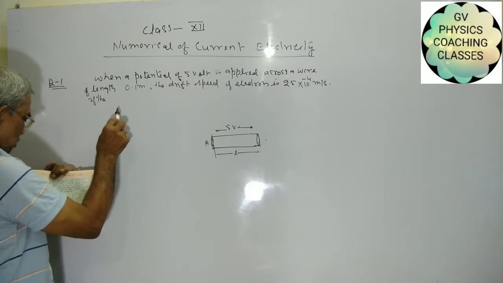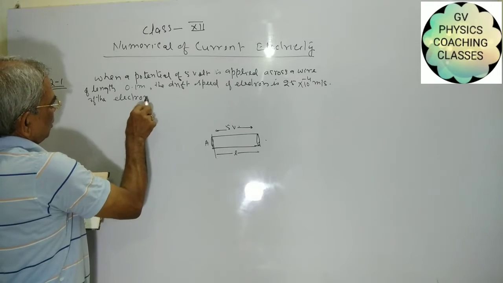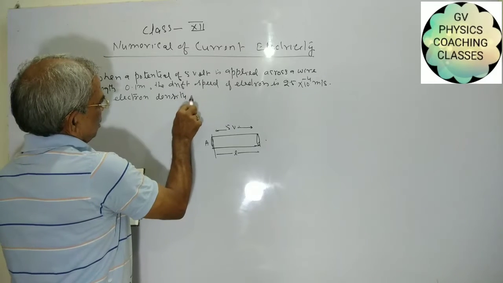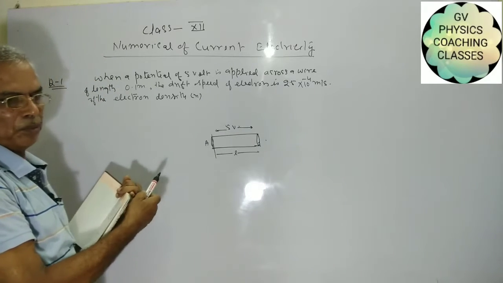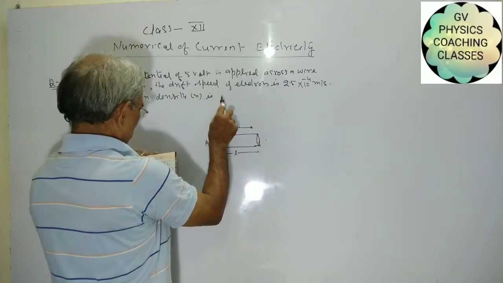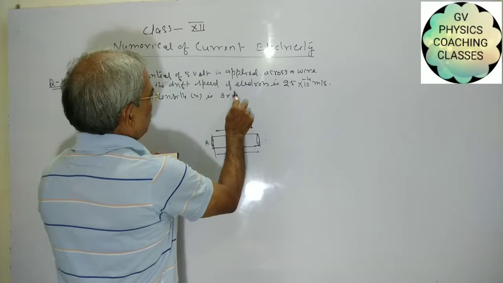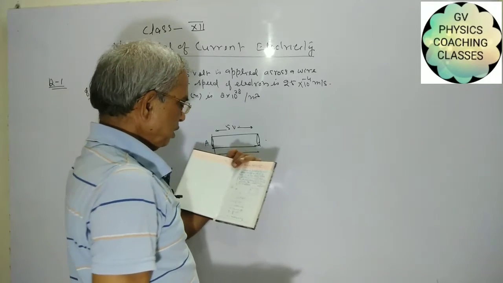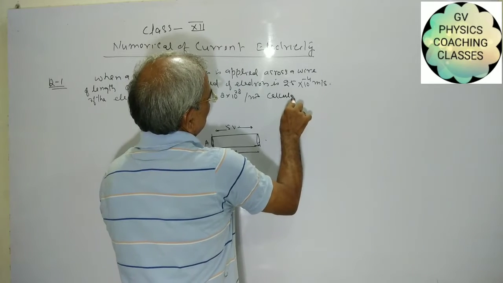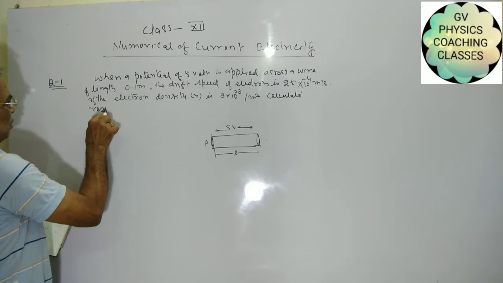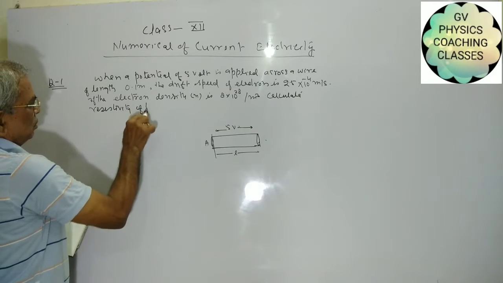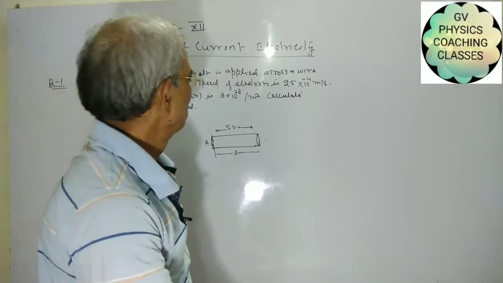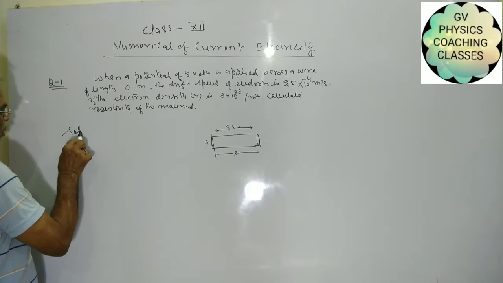If the electron density, it means the number of electrons per unit volume, is 8 into 10 to the power 28 per meter cube, calculate the resistivity of the material. This is our question. Solution.